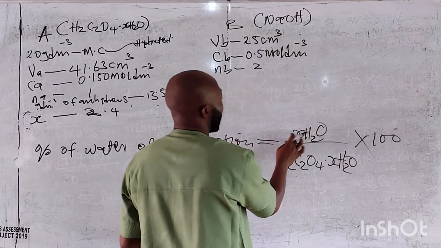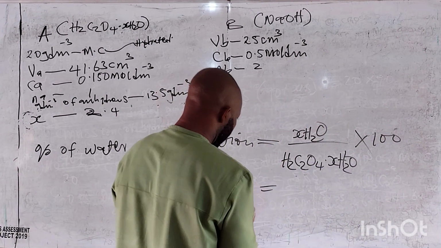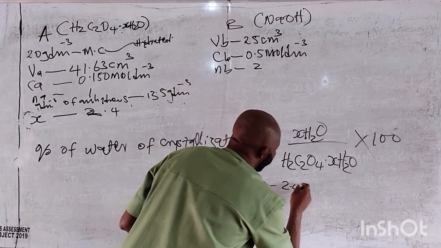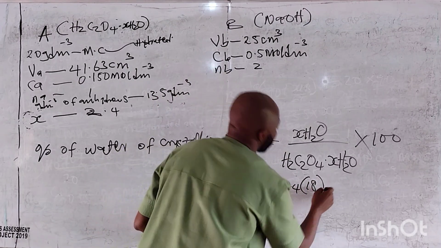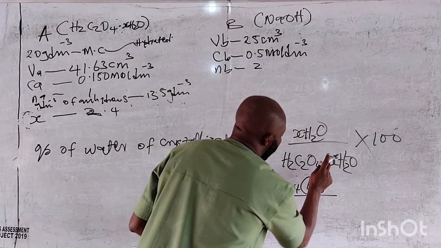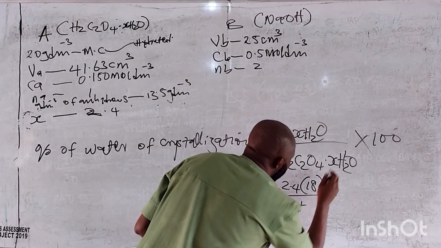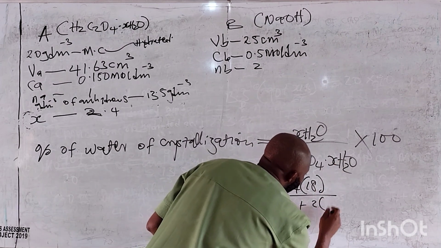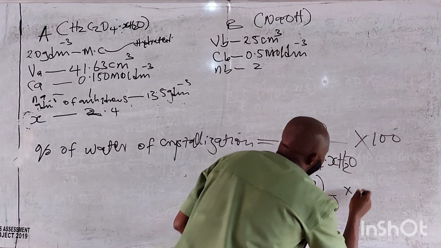And this is X water. What is X? X is 2.4 times 18. That's for this. Over, this is 90, 90 plus 2.4 times 18, times 100.